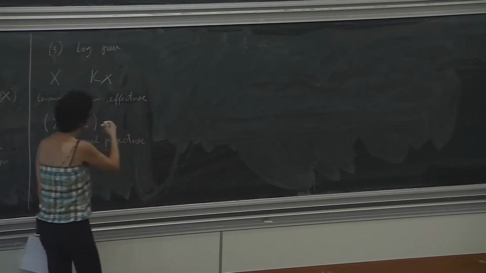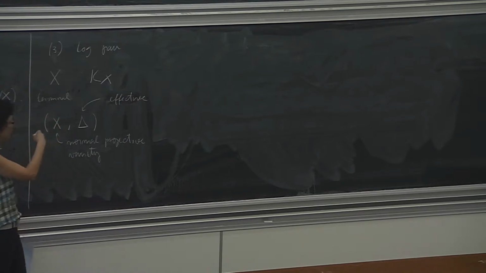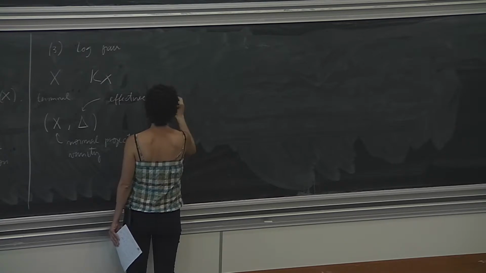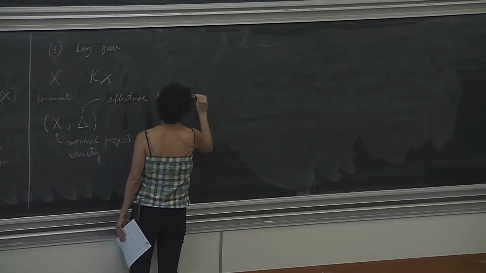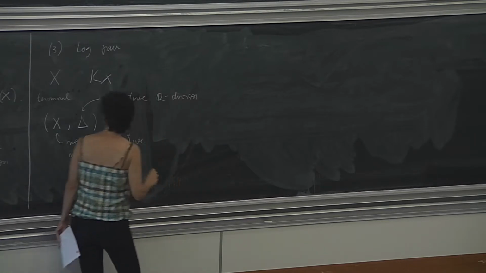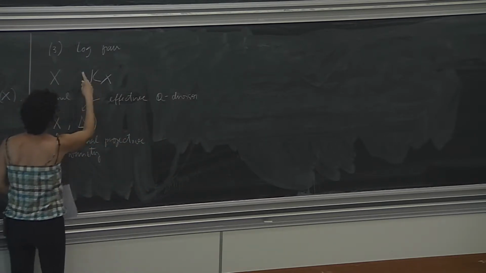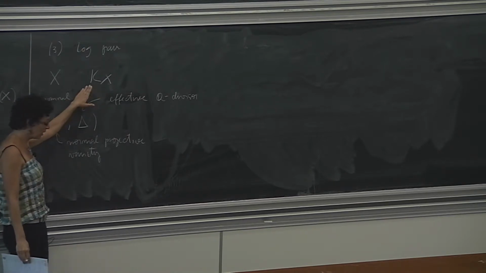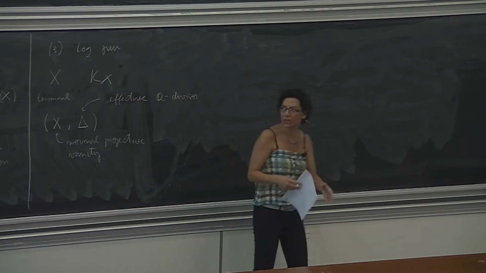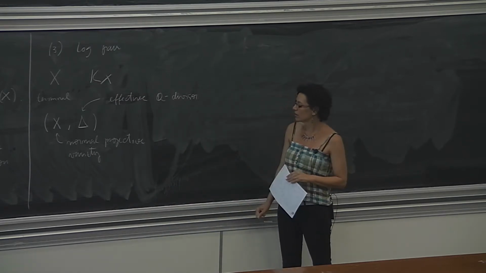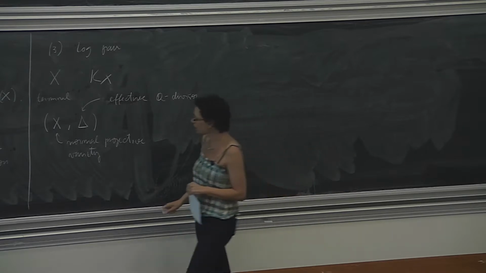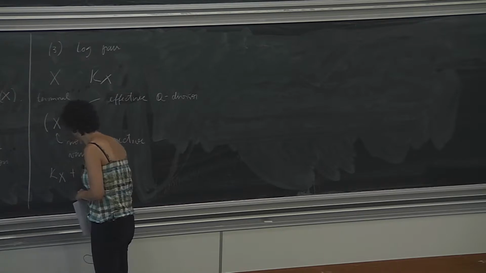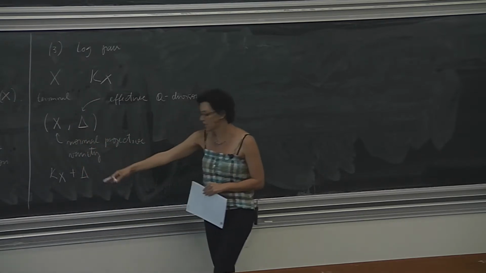In some contexts, you can allow it not to be effective and even be R-divisors, but for our purposes, these are effective Q-divisors. And just like in this case here, where I always assume that K_X has to be at least Q-Cartier so that I could run MMP, here, instead of looking at K_X, we are going to look at K_X + Δ, as a Q-divisor.